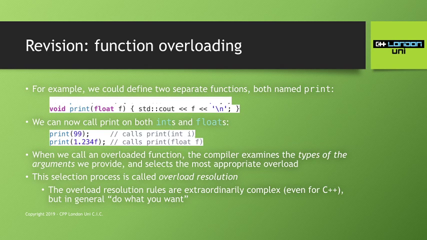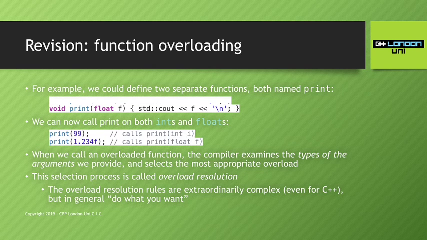So for example, whilst we can convert a double to an int, that conversion is truncating. It loses all of the information about the decimal part of the double. So that's quite a bad conversion. We're throwing away lots of information.